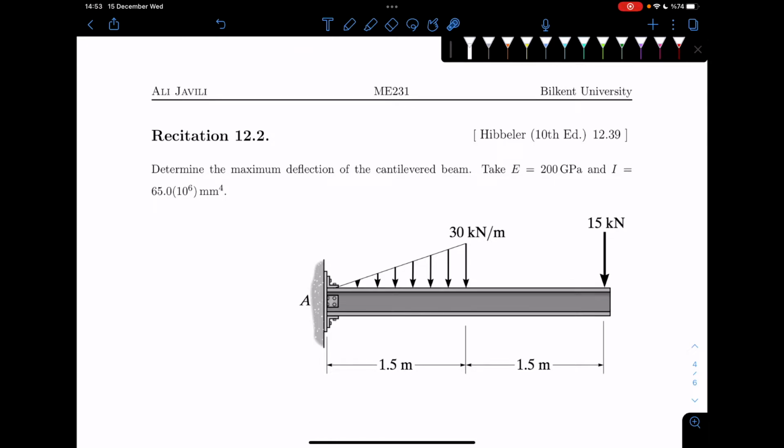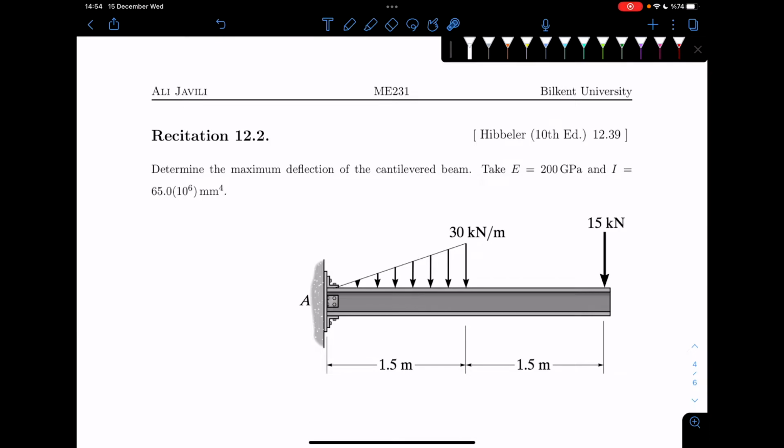If you want the maximum deflection, you need to calculate the deflection function and set its derivative to 0. And in order to calculate deflection or its derivative, you need to calculate the moment distribution and then use the same formula that we just used before. So we need to do that.